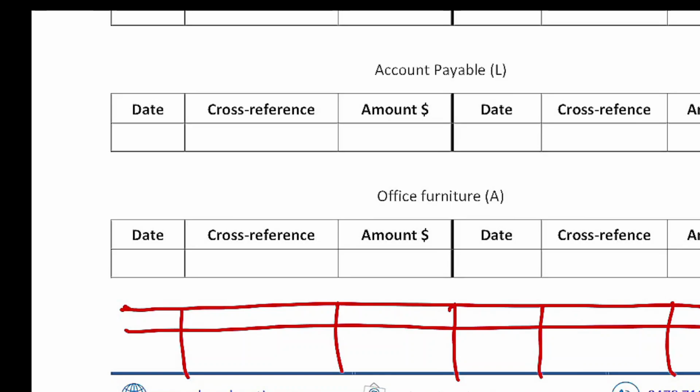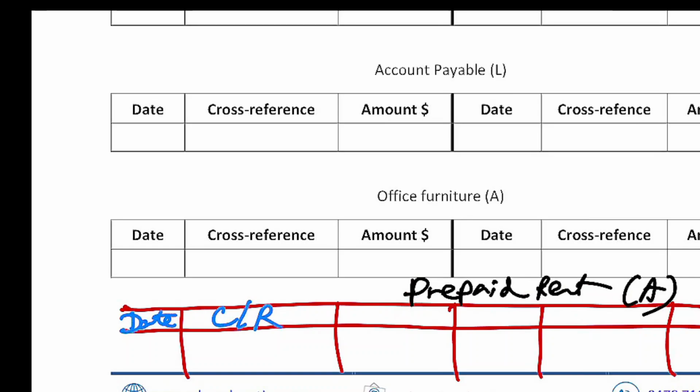Make it prepaid rent, and it is an asset account. You don't need those headings necessarily, but if you want, you can write them.